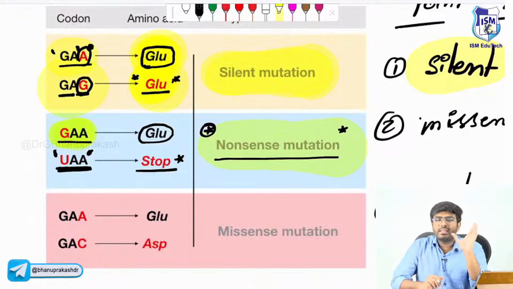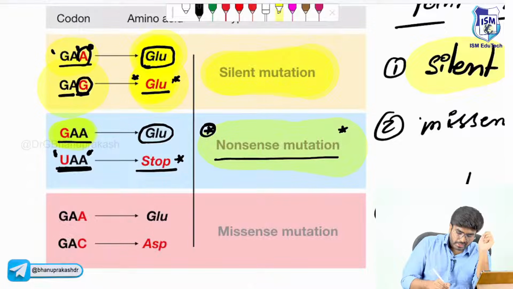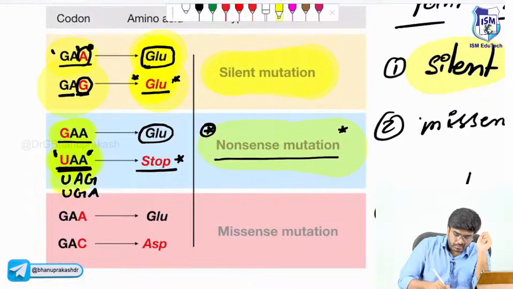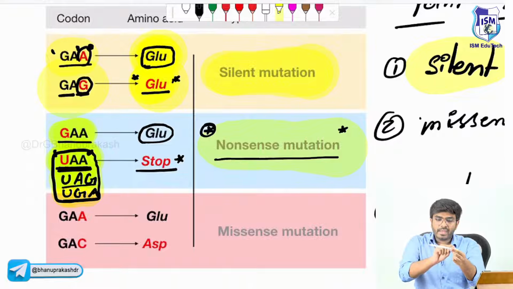Now in your exam they will definitely ask you, what are the stop codons? Which codons are responsible for stopping the process of translation? UAA, UAG and UGA. In the entire world there are these three codons which stop translation whenever they are on the mRNA.